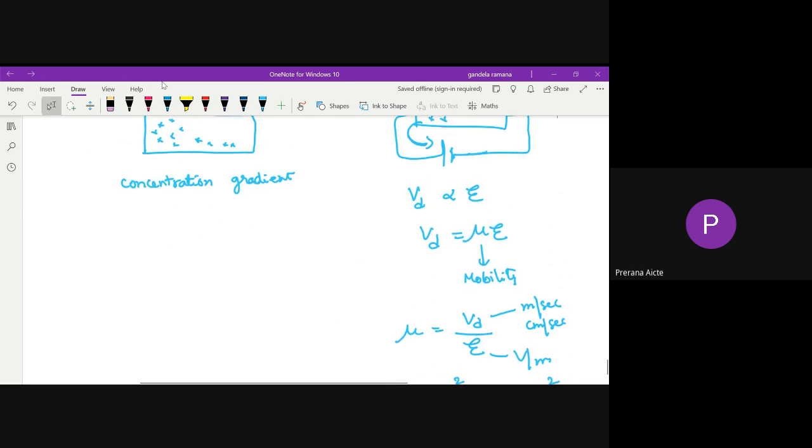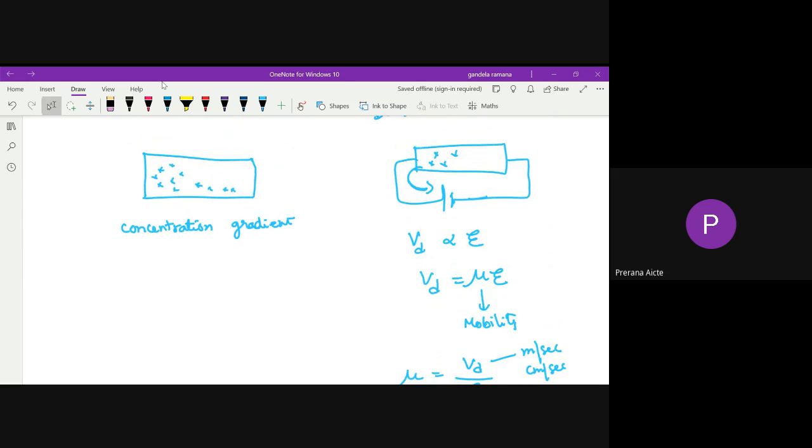When we connect the n-type material to positive charge and the p-type material to negative charge, the force due to electrical intensity attracts the electrons, and current takes place as drift current. In drift current, Vd is proportional to E, so Vd is equal to mu E, with mu the mobility.